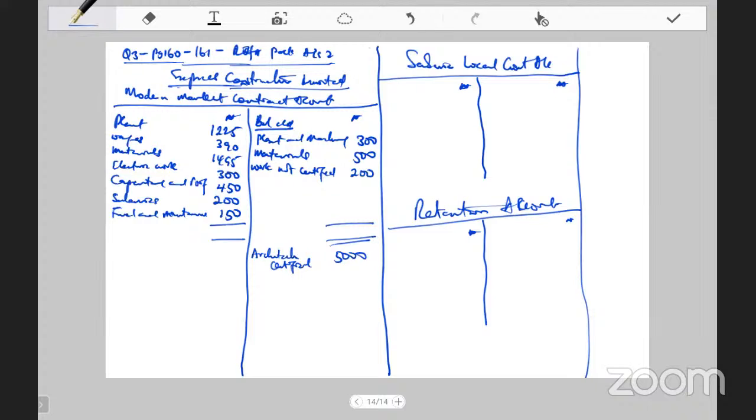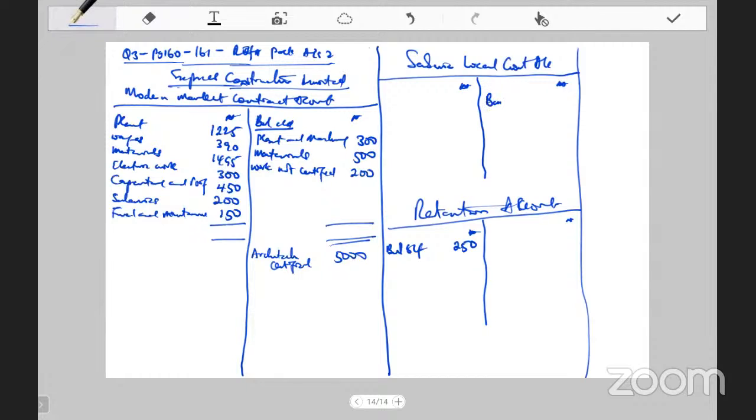Retentions at 1st of October 2007. 250. What is the retention? So we take down a balance brought forward. How much? 250. Next. Progress payments received during the year, which is going to the bank.